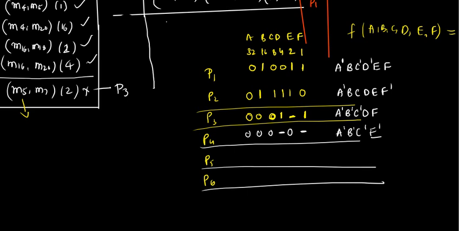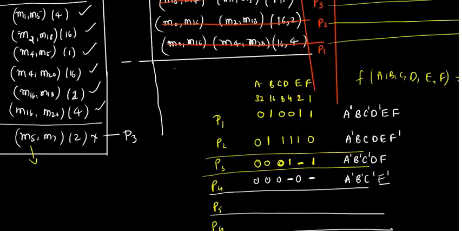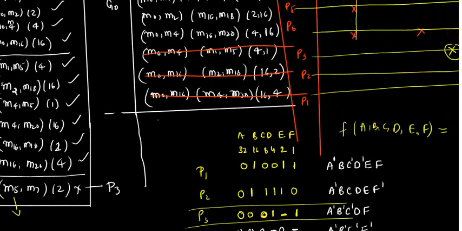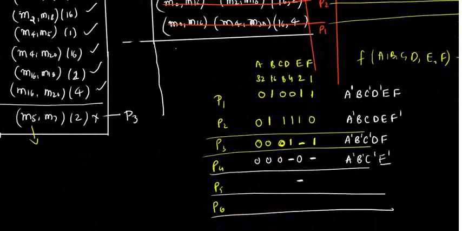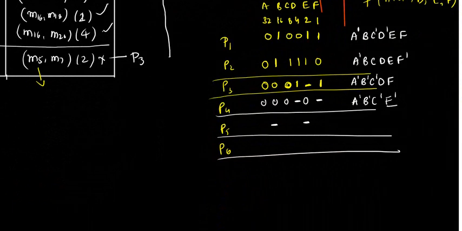P5 is 0, 2, 16, right? Because we want only the first and the term where we have dots. 2 and 16, the rest, what is the value? 0, right? So we need 0.